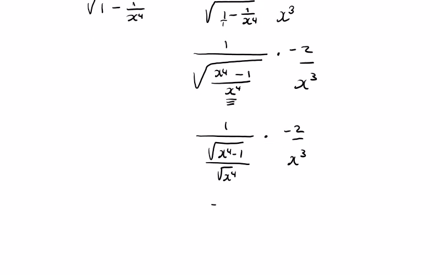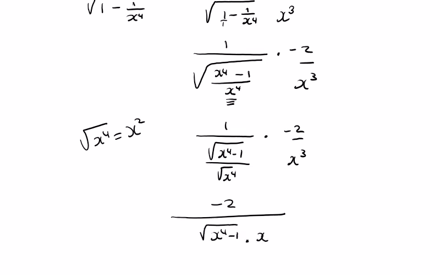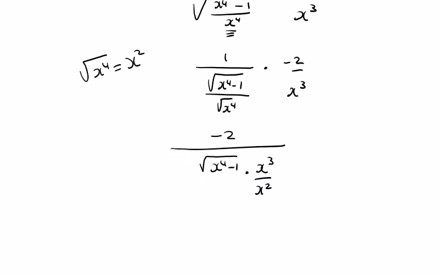I'm going to get minus 2 on top. And the square root of x to the power of 4 is equal to x to the power of 2. So I would have the square root of x to the power of 4 minus 1 by x cubed over x to the power of 2. And then that will simplify just to be x. So it's going to be equal to minus 2 over x times the square root of x to the power of 4 minus 1.